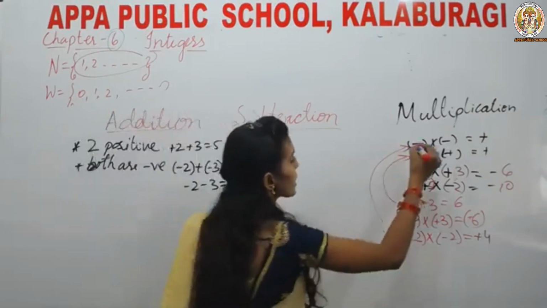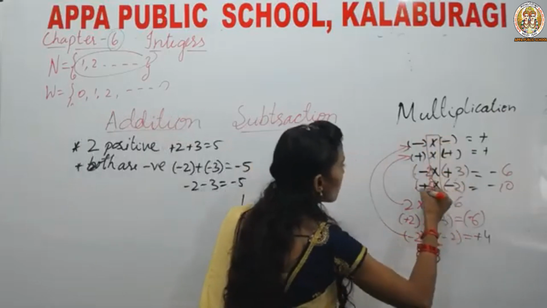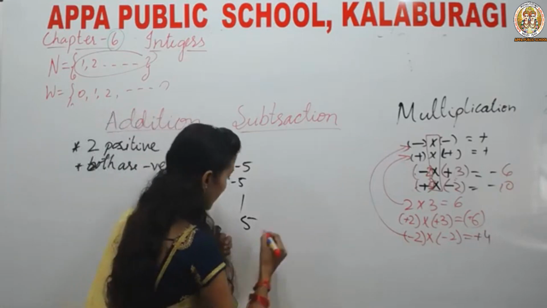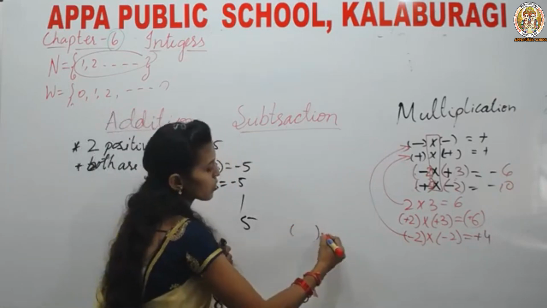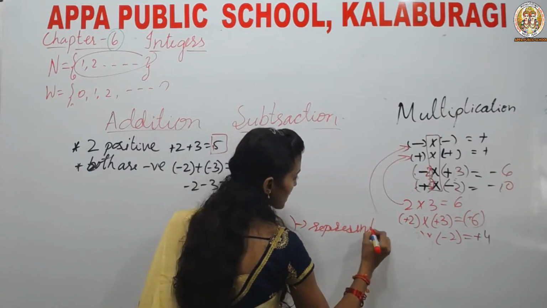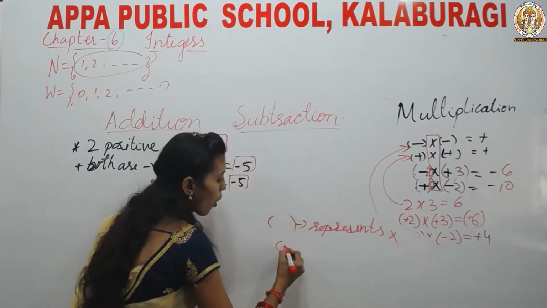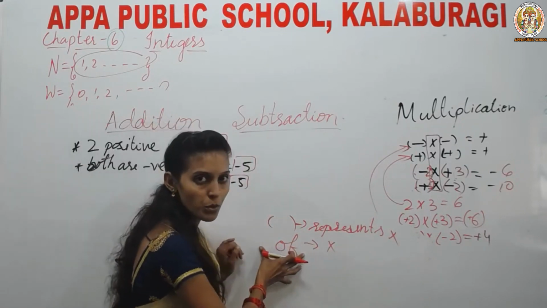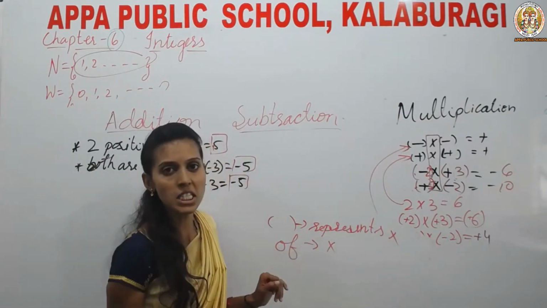Then this multiplication will not always be with that cross mark. Sometimes even a bracket also represents multiplication, and "of" also represents multiplication only. Where this "of" is used, this will be used in your next year.